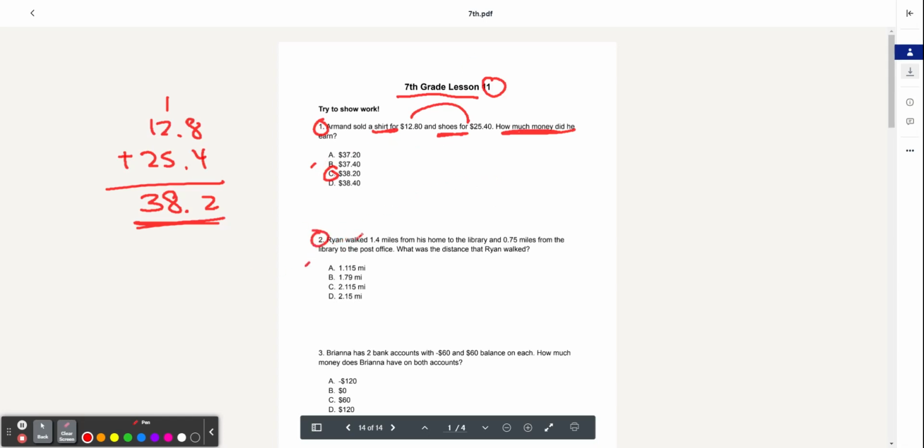2. Ryan walked 1.4 miles from his home to the library and 0.75 miles from the library to the post office. So if this is his home, he walked 1.4 miles to go to the library and another 0.75 miles to go to the post office.